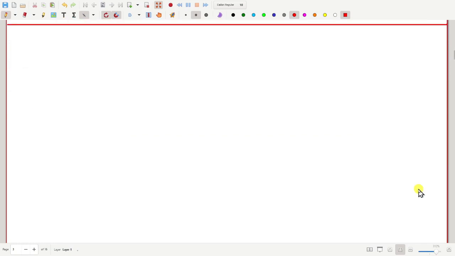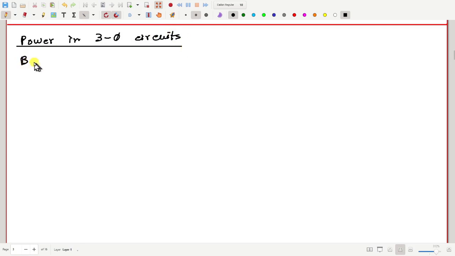Next, we will talk about the power in three-phase circuits. Let's consider the balanced situation first, because the unbalanced situation is a general situation where we cannot utilize the symmetry.